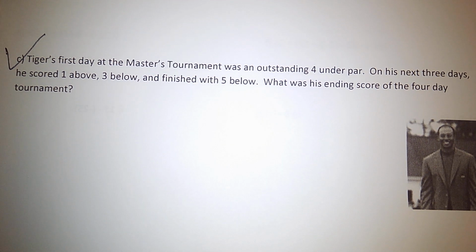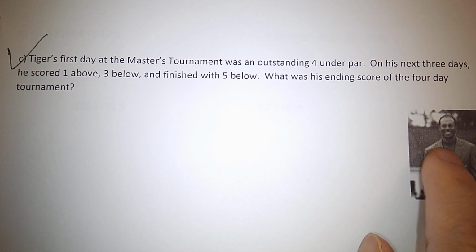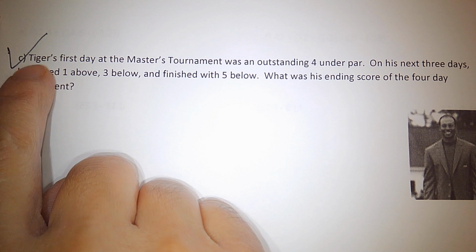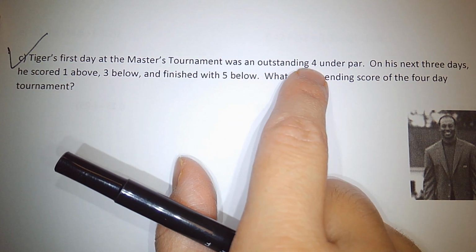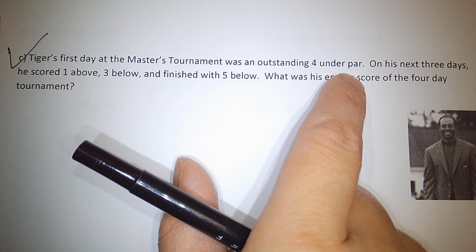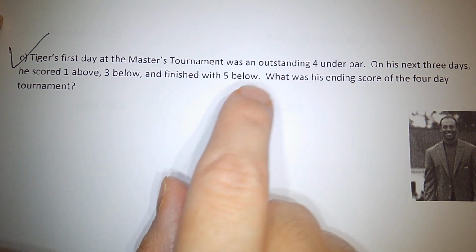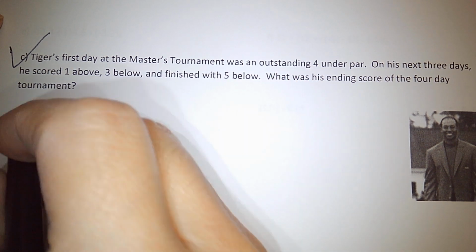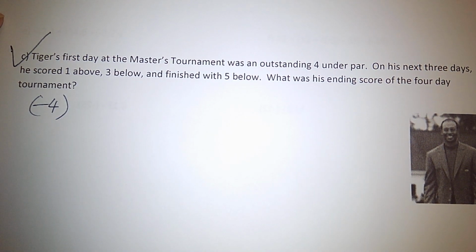Okay, go ahead. So Tiger's first day, is this Tiger Woods? Yeah, he's very famous, right? Tiger's first day at this tournament was 4 under par. So how do we use a number to describe 4 under par? Do we use positive 4 or negative 4 for under par? Par is 0, right?